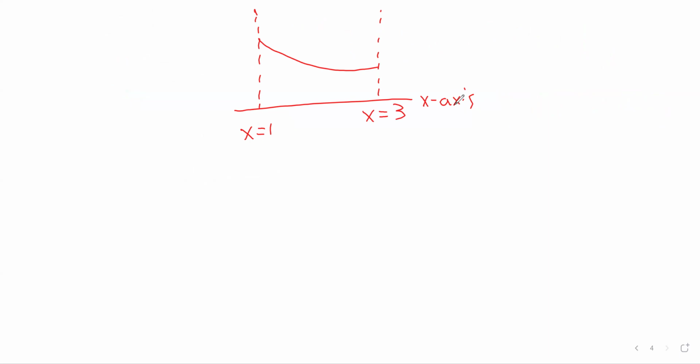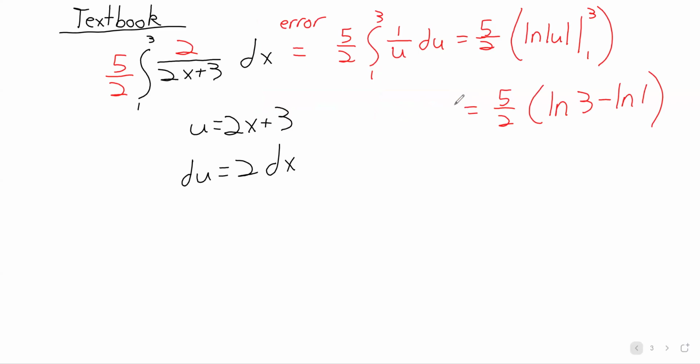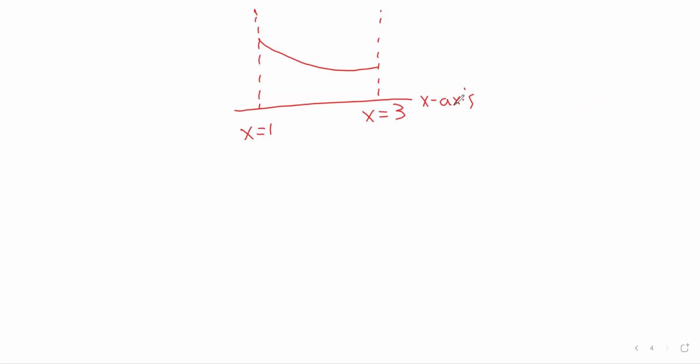All right. So I perform a u substitution, and my variable is no longer x. My variable is u. So now I've got a u axis instead of an x-axis.